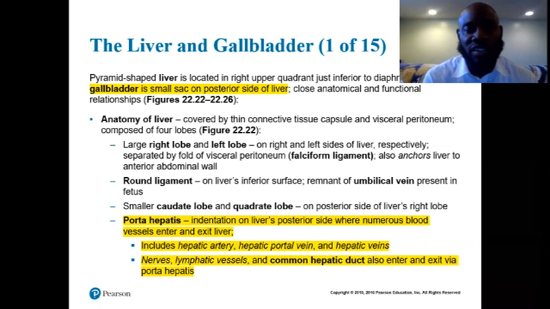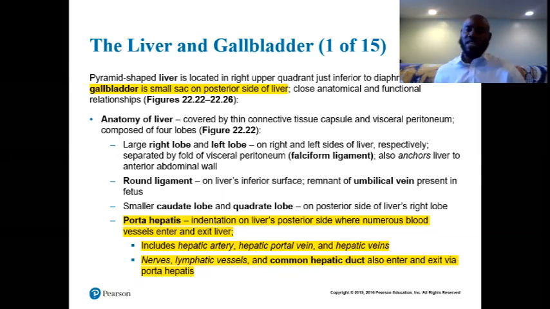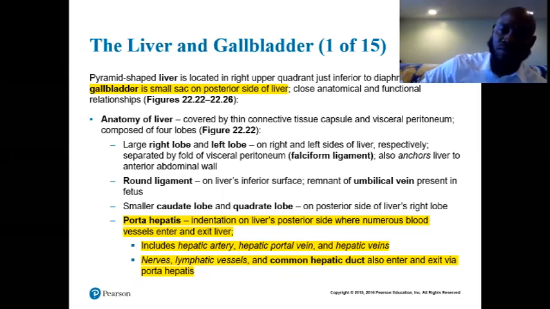All right, so the anatomy of the liver is a little bit complex. It's covered by a thin connective tissue capsule and visceral peritoneum. We talked about the visceral peritoneum in relation to the mesenteries and the peritoneum. The liver is composed of 4 lobes, a large right and left lobe on the right and left sides of the liver, respectively, separated by a fold of the visceral peritoneum.